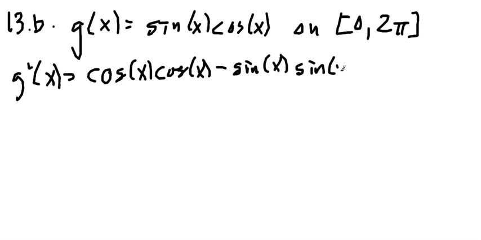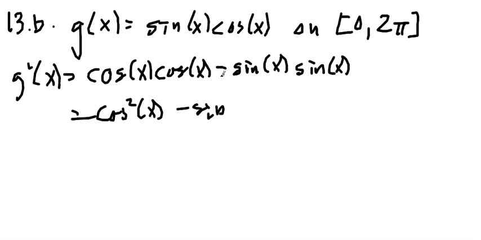Derivative of cosine is negative sine. And so maybe a pretty way of writing this is cosine squared of x minus sine squared of x.